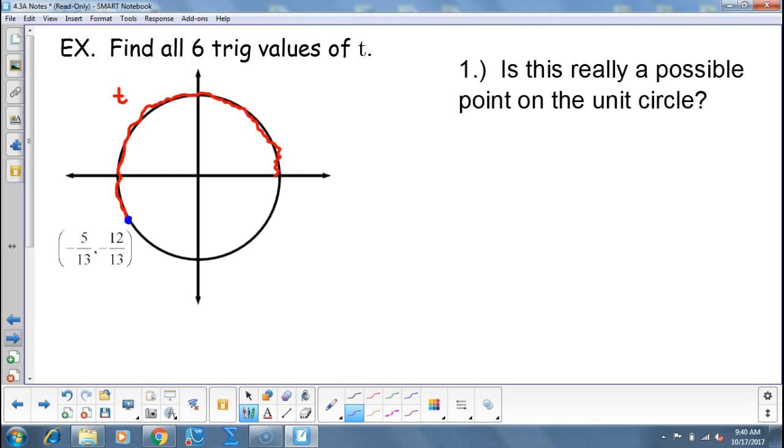Well, what do we have for that circle? How do I know if any point is on that particular unit circle? Do I have an equation? X squared plus y squared equals 1 is the equation of my circle.